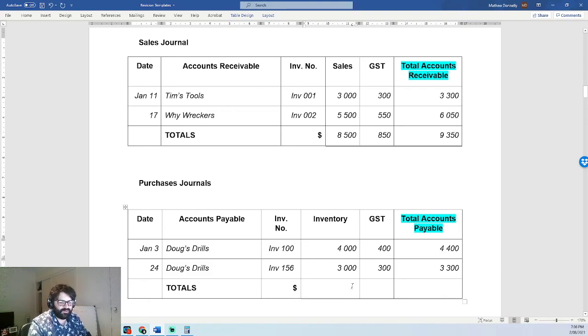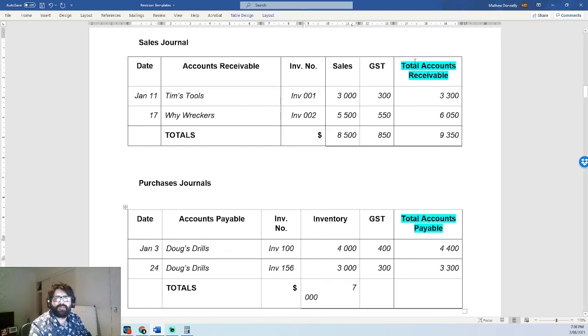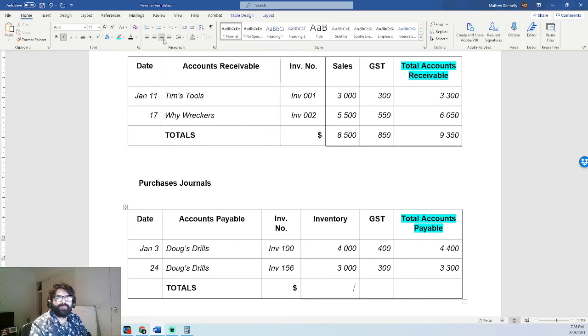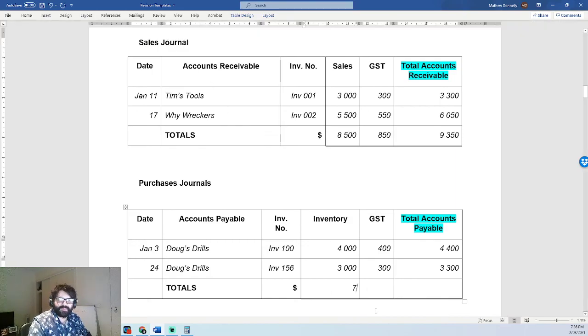What have I done? Oh, I hit the num lock. That's why. 7,000. And, there we go. It's centered it. That should not have been centered. There we go. 7,700. Boom. Simple. Done.